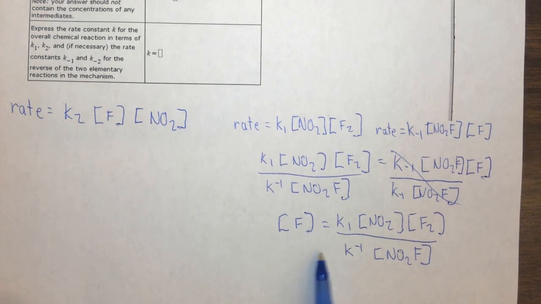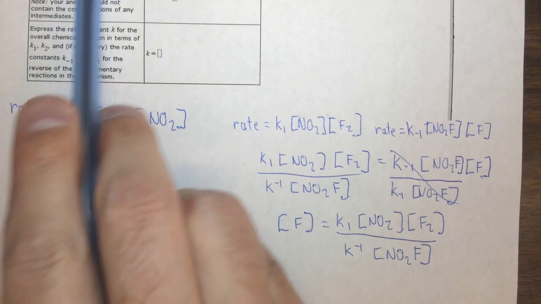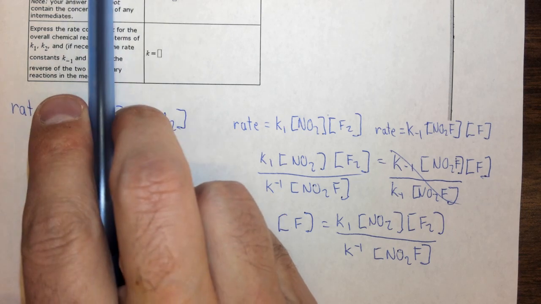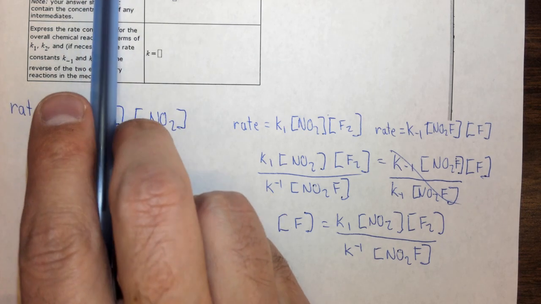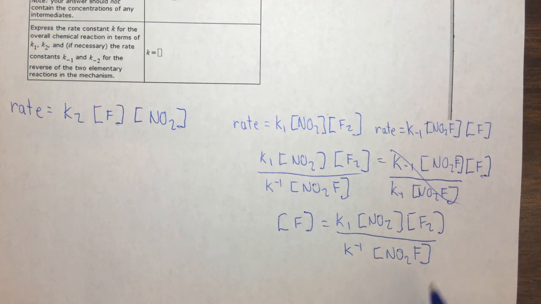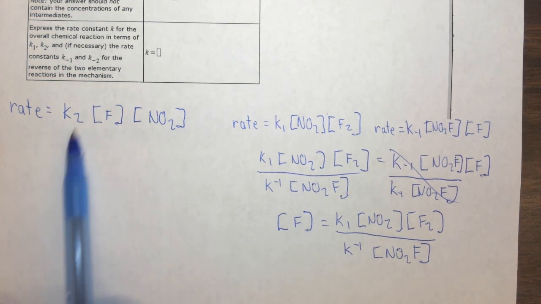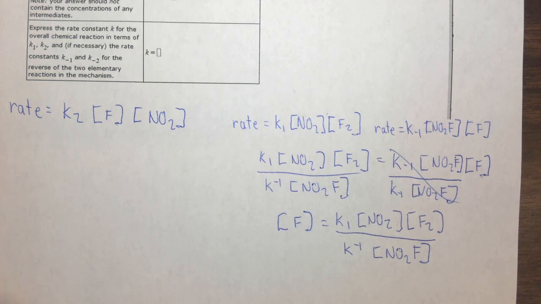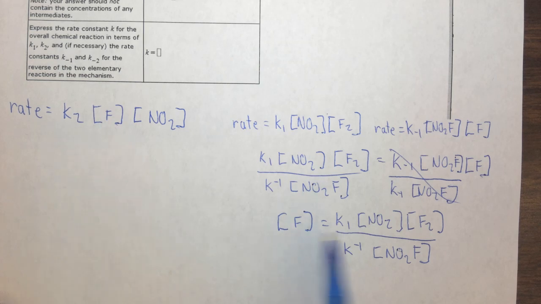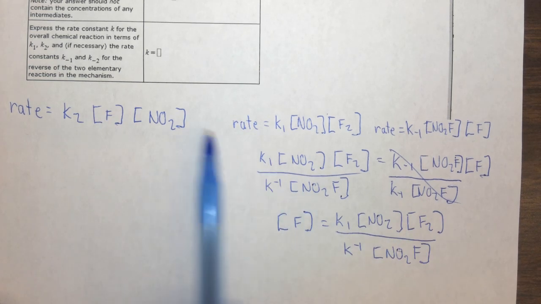So now we've solved for this. Since this is the fast step, it will reach equilibrium very quickly, and therefore we can plug this information into the slower step of the reaction.